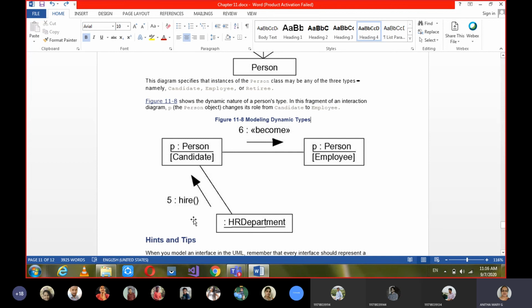Based on which one will become first. Just imagine if this numbering is not given in collaboration diagrams, we wouldn't know which is one.